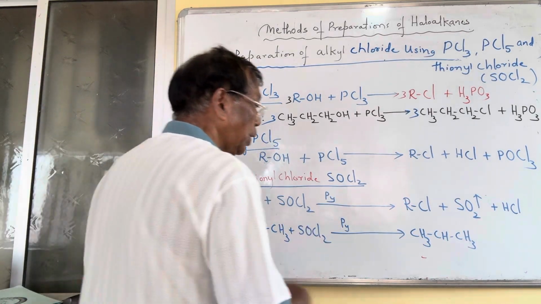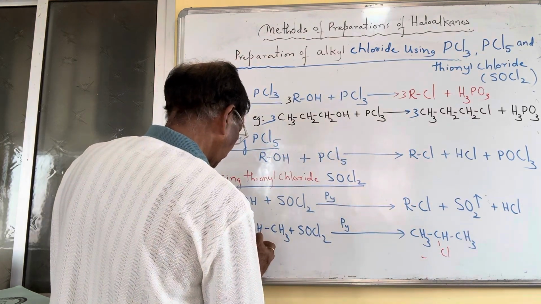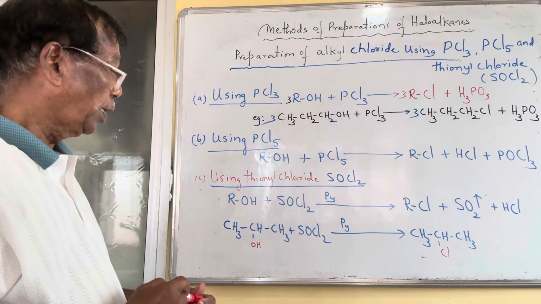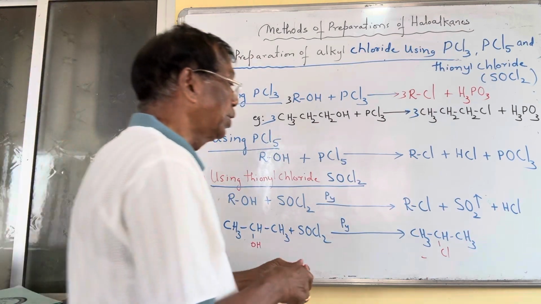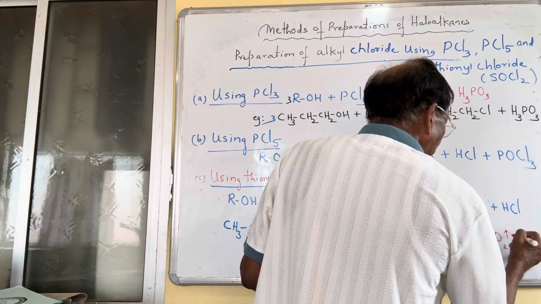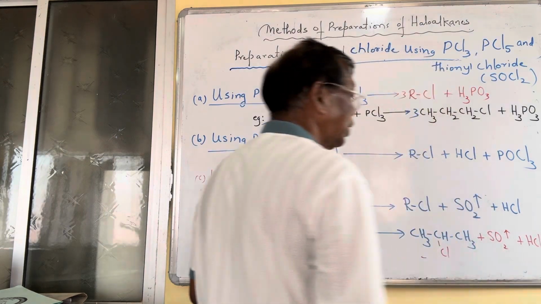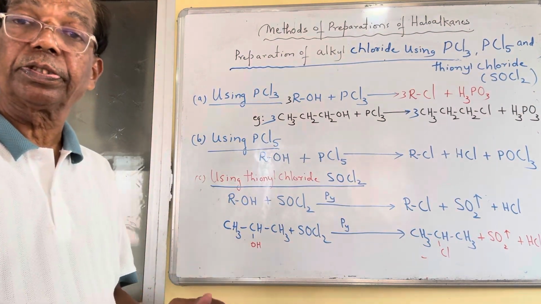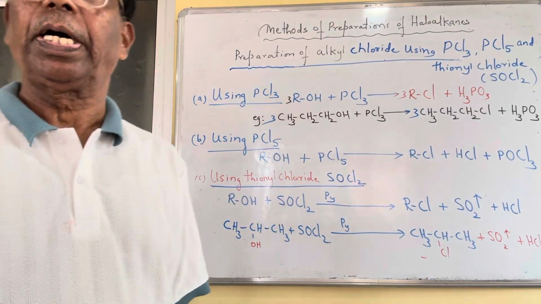This pyridine doesn't react, remember. So this OH will be replaced by Cl. And the remaining will be what then? O with S will form SO2. So I'll write SO2 as a gas plus HCl also in the form of a gas. Therefore, this is the best method of preparation of alkyl chloride. So this is another way how you can prepare alkyl chloride.